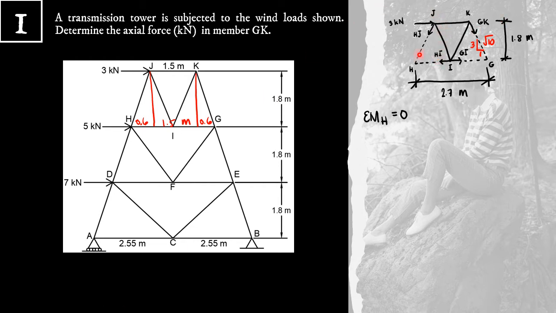Again, HJ, HI, and GI have 0 moment about point H because they pass through point H. Now to make our solution even simpler, we're going to resolve force GK at point G. We have its vertical component and horizontal component.